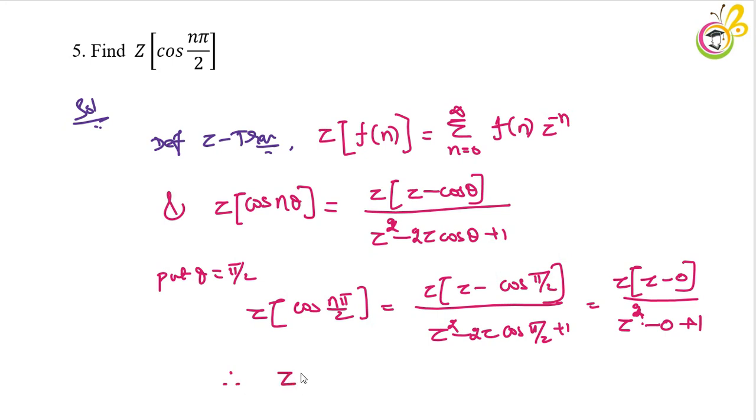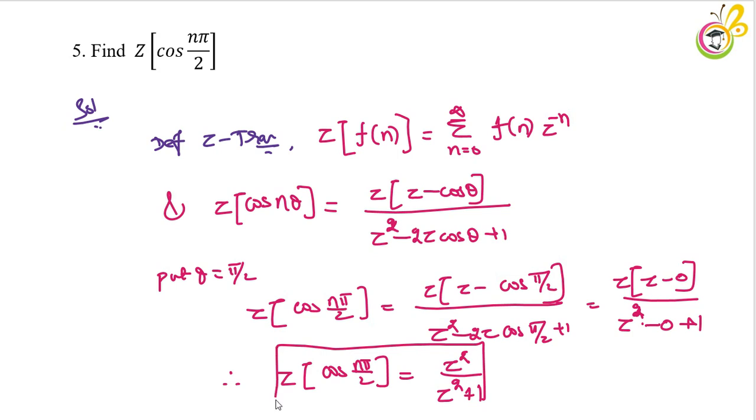So therefore Z of cos n pi by 2 is z square by z square plus 1. So this is the result of Z of cos n pi by 2.